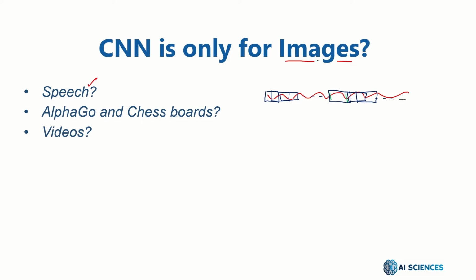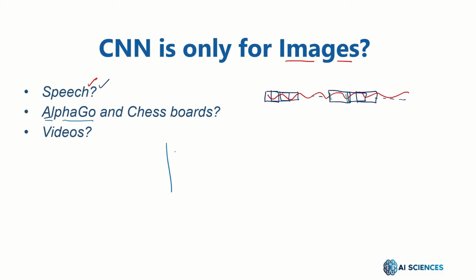So yes, it is for images, but it is also for speech, and more precisely, it is for any structure that has some spatial or temporal attributes. So for example, think about AlphaGo.